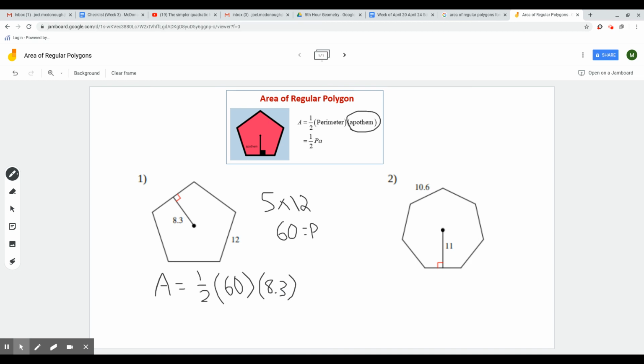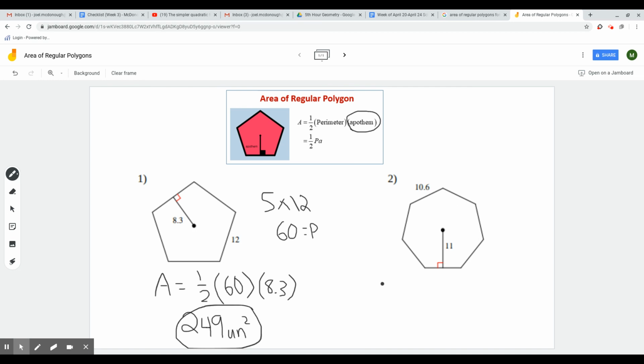So on my calculator, I would take 1/2, which is 0.5, times 60 times 8.3, and that gives me an area of 249. Because it's not labeled, I'm just going to use units squared. So 249 units squared would be the area of my first shape.